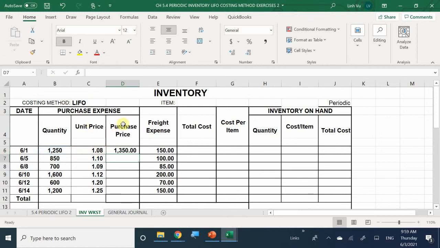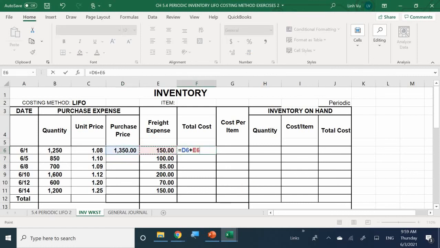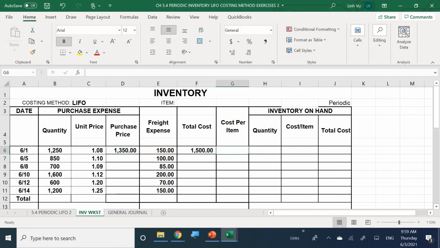Plus $150 of freight to give me a grand total cost of $1,500. And in this case, what is going to be my cost per item? $1.20. Good.